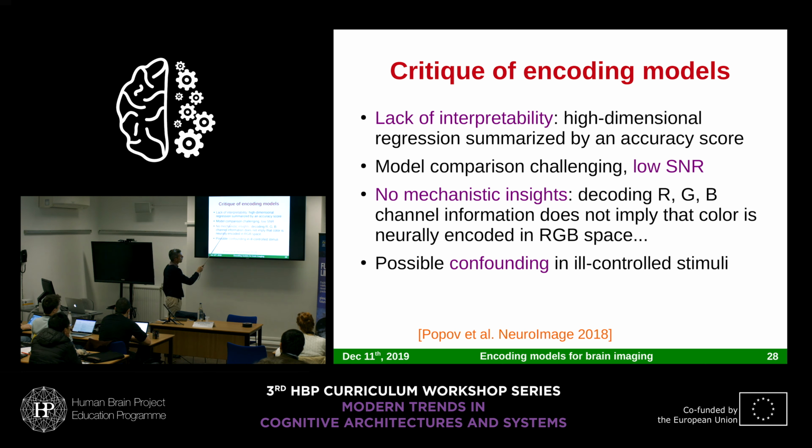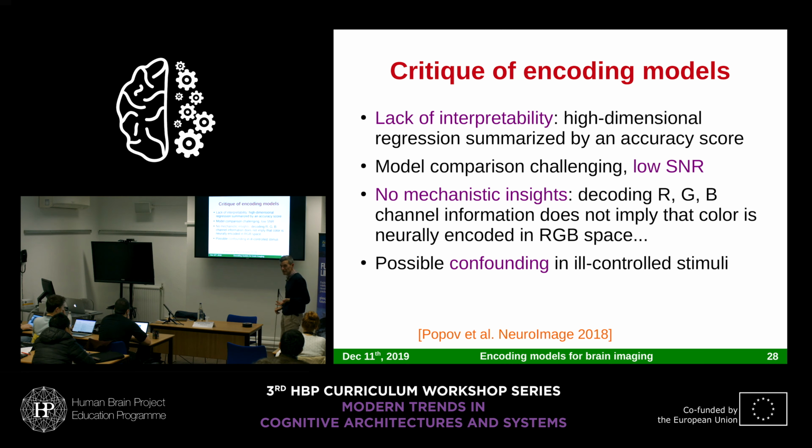Second, model comparison is challenging because the data have a limited SNR. If you just repeat the experiments twice, of course you hope, like in a second session, to recover similar things. But there's lots of noise in the data which will not be reproduced. And actually, the best R-square that you can achieve is probably something like 0.5. So the true scale of values that you can achieve is between 0 and 0.5.